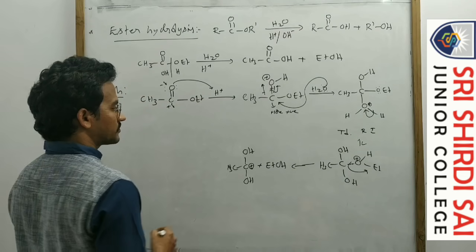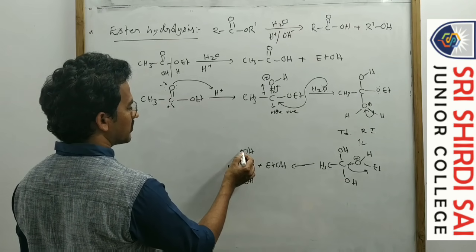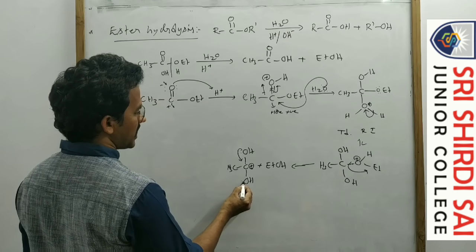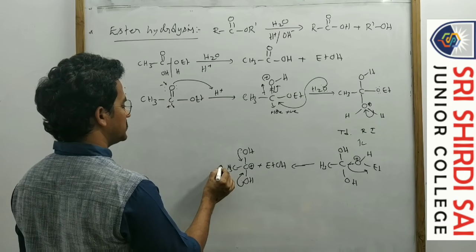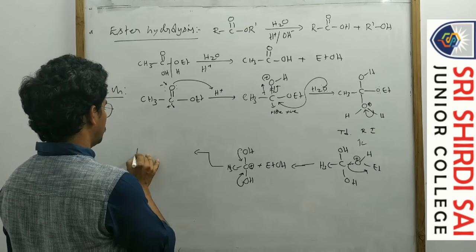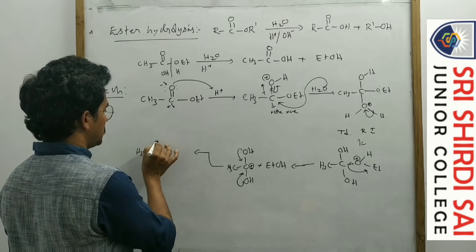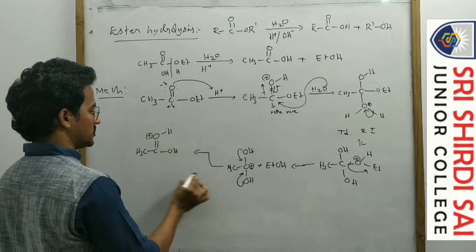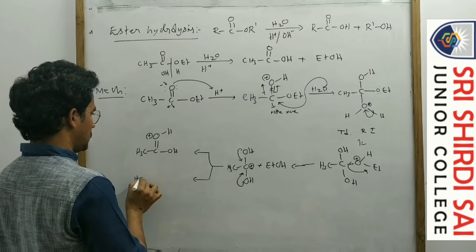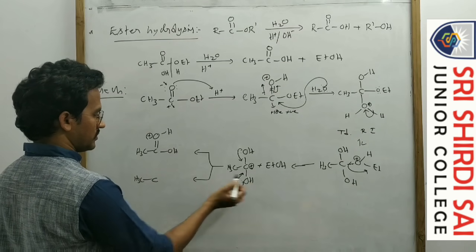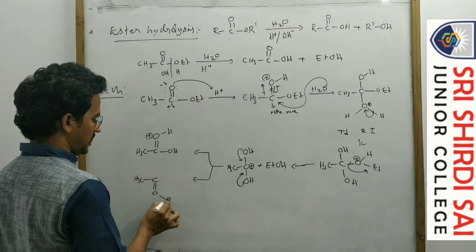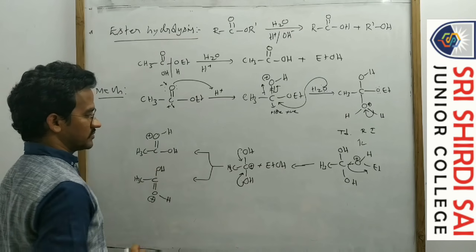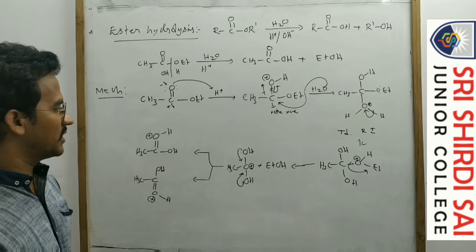Now this positively charged carbon gains electrons, that means it forms a pi bond from the lone pair of electrons of either oxygen. So here CH3 C double bond O H, this one carries a positive, and here CH3 C O H plus and this one OH. There are two positives; of course, either one is the same.